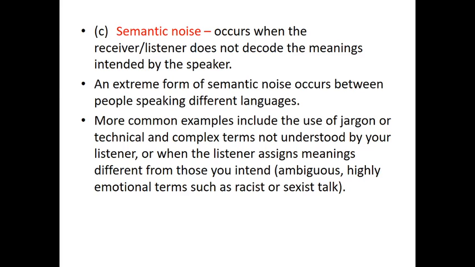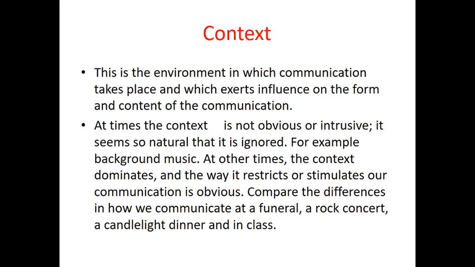Common examples include the use of jargon or technical and complex terms that are not understood by your listener. And when the listener assigns meanings different from those you intend, ambiguous, highly emotional terms such as racist and sexist talk. So, all semantic noise.